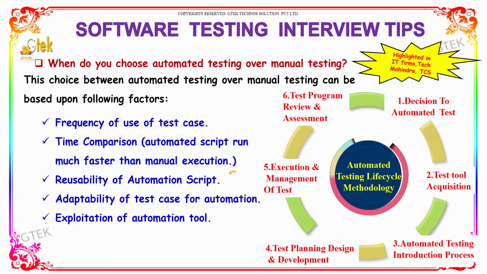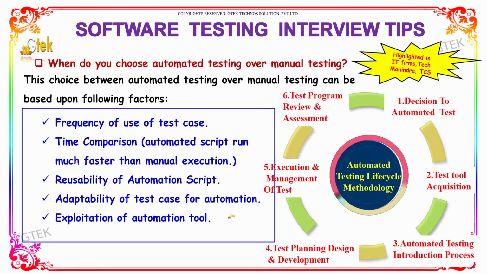The choice between automated testing and manual testing can be based upon the following factors, which include the frequency of the use of the test case, time comparison, that is the time taken to run the automated script versus manual execution, reusability of the automation script, then the most important factor, adaptability of the test case for automation, and a final factor, the exploitation of the automation tool.